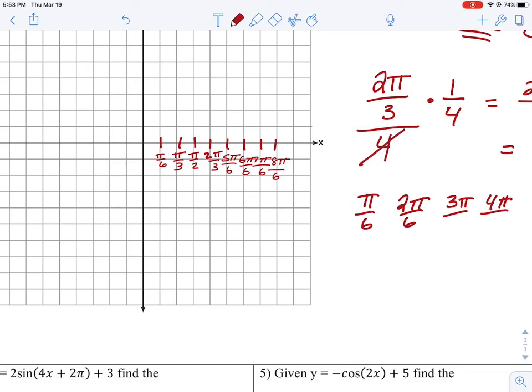So if I wanted to do my 1 cycle here, again, here is -1, here is -2. This was my midline. I had this point here. I would go down, down, up, up, down, down, up, up.